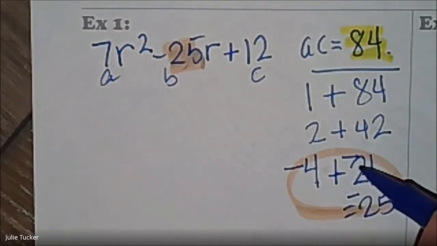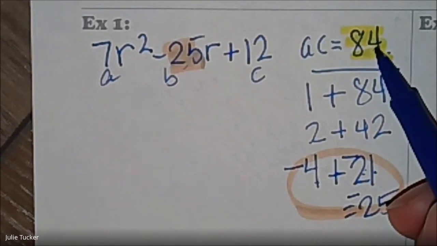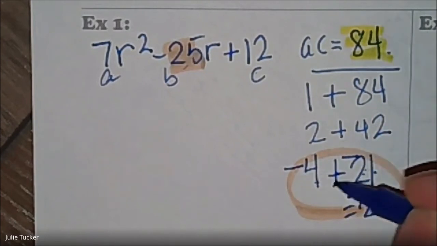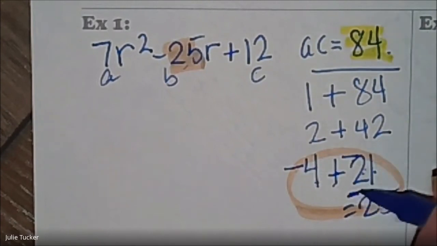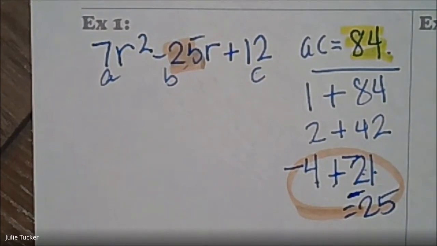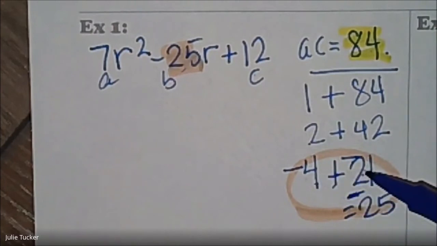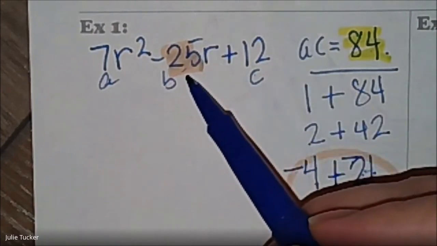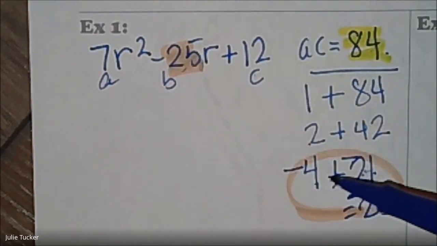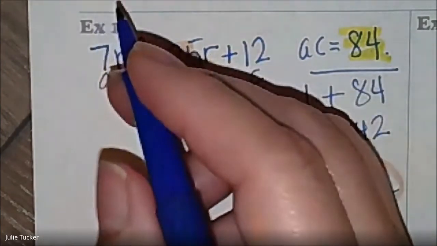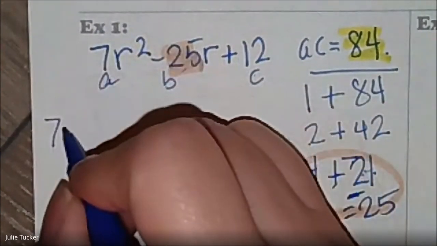If we have negative times negative, it gives you positive product, and negative plus negative gives you negative sum. So this is a lot to think about. But anyway, these two numbers, they are what we're going to split the 25 into, a negative 4 and a negative 21. So we're going to rewrite the first part of the problem.